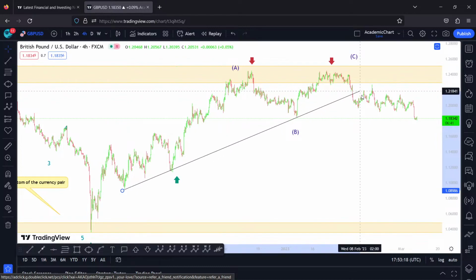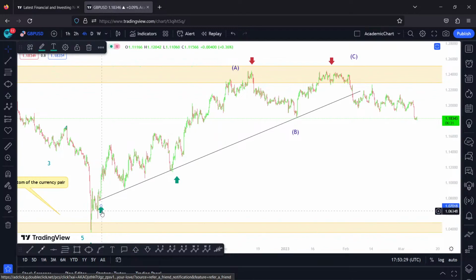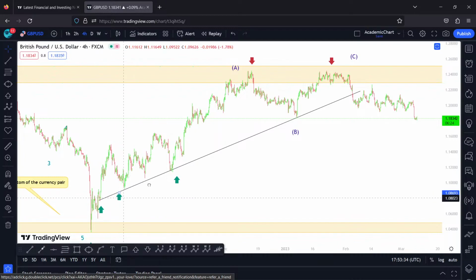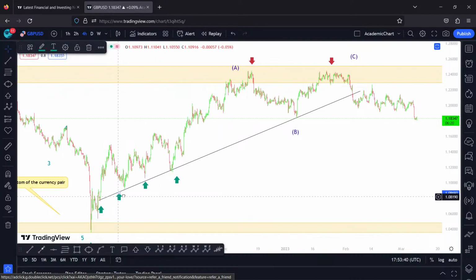Now I guess I have a more valid trend line. Let's adjust it a little bit, something like this. Now I have more points, as you can see, more places, more levels that price has reacted to on this trend line.